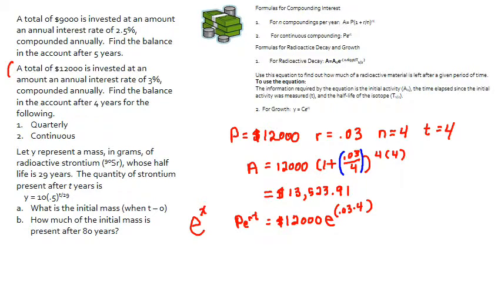And notice the difference in the amount when something is done continuously. We have $13,529, a whole $6 and 96 cents more after 4 years. It'd be fun to try it and see what it would be after 10 years, just to see how rich you'd be. Give me that amount and you get some more stars also.